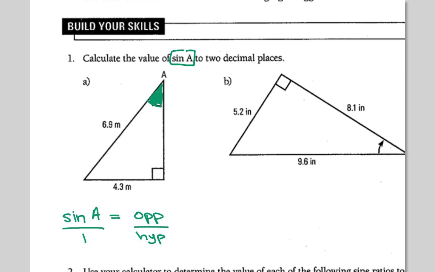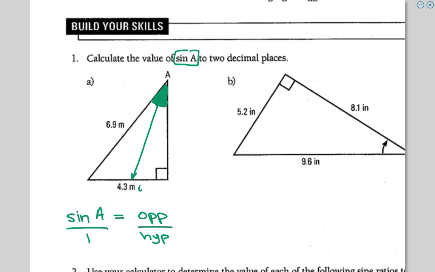So here's the angle A. It says calculate the value of sine A. So sine A is equal to the ratio of the opposite side to the hypotenuse. So to find the opposite side, you go straight across. This is your opposite side. And they say that you're supposed to take that number and divide it by your hypotenuse.